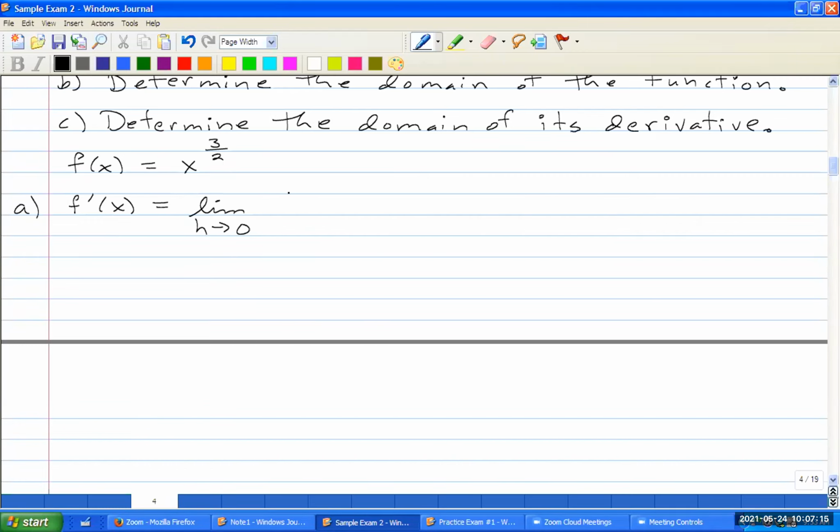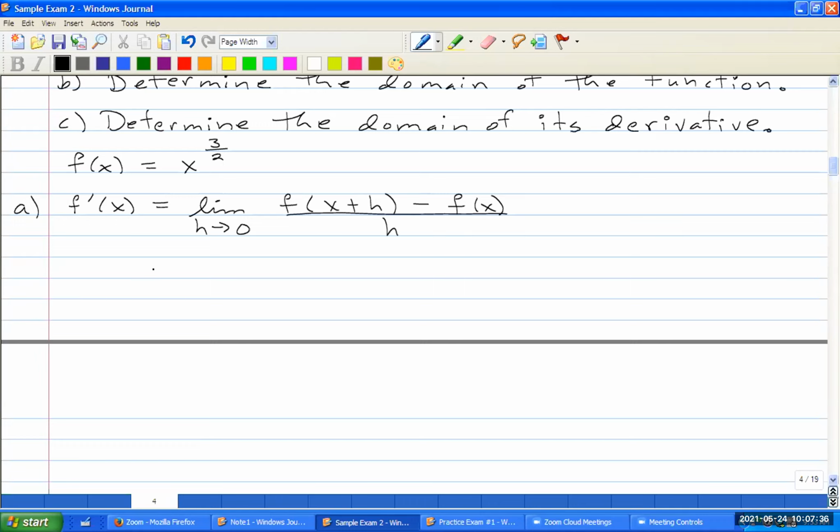And so the limit as h approaches 0 of the difference quotient, f of x plus h minus f of x, all divided by h.